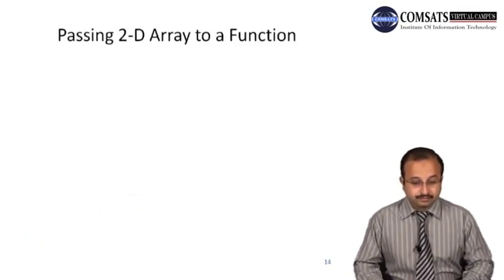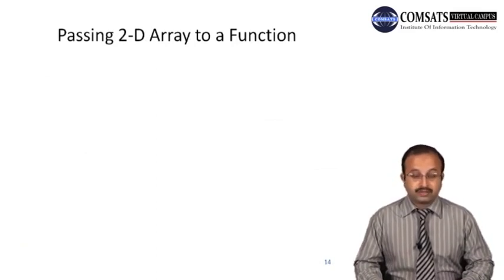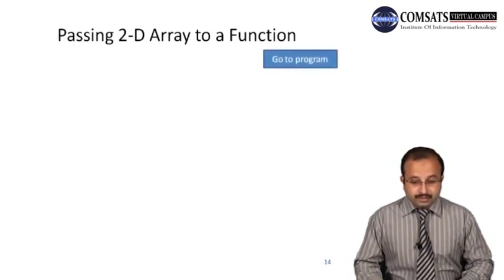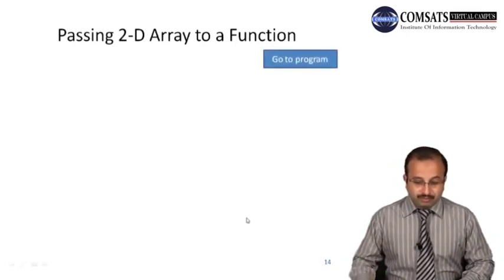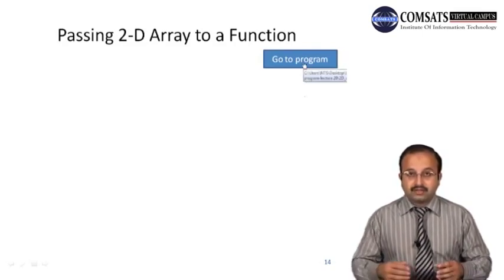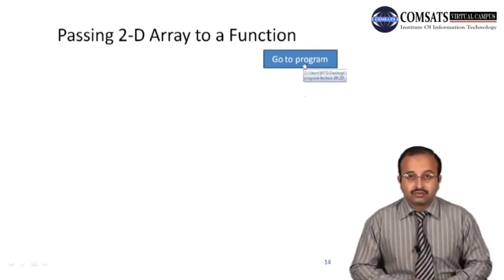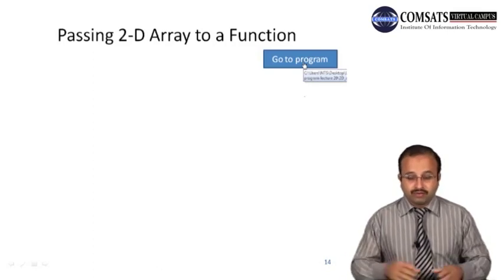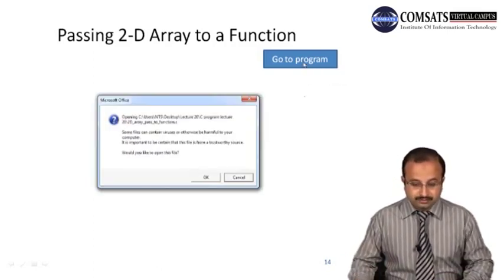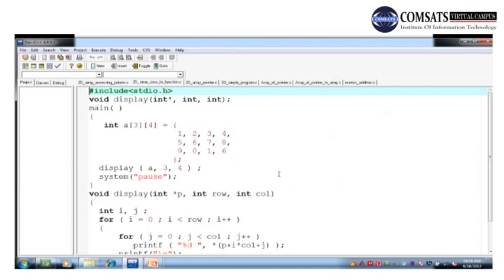array, right? Now passing a two-dimensional array to a function. How can we pass a two-dimensional array to a function? First let's see that program, and then I will show you how this program works, and then we can dry run this program, right? So this is our display function, and the return type of this function is void.